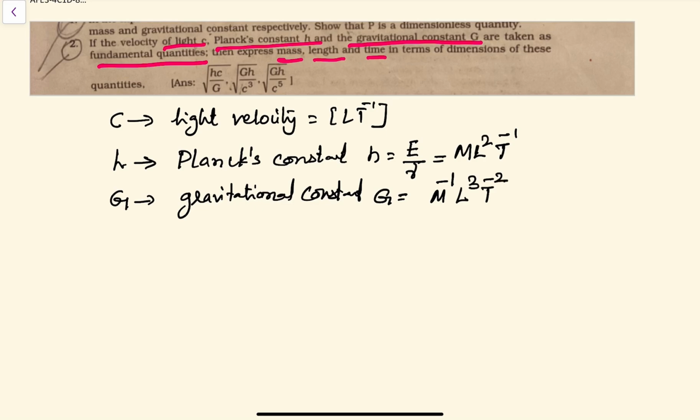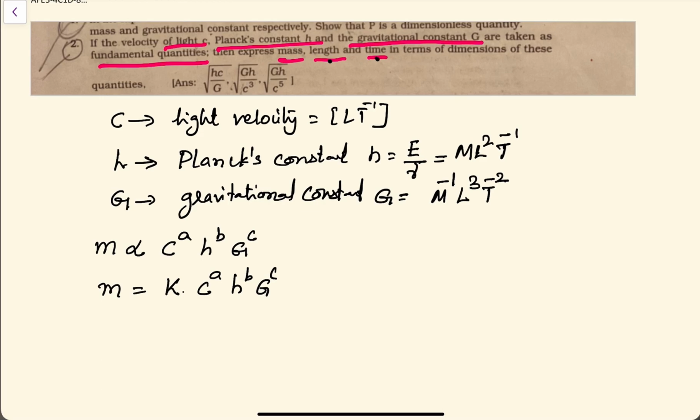So if these are taken as fundamental quantities, you have to express mass, length, time. So if you want to express mass, M is proportional to C power a, h power b, G power c. M is equal to constant C power a, h power b, G power c.